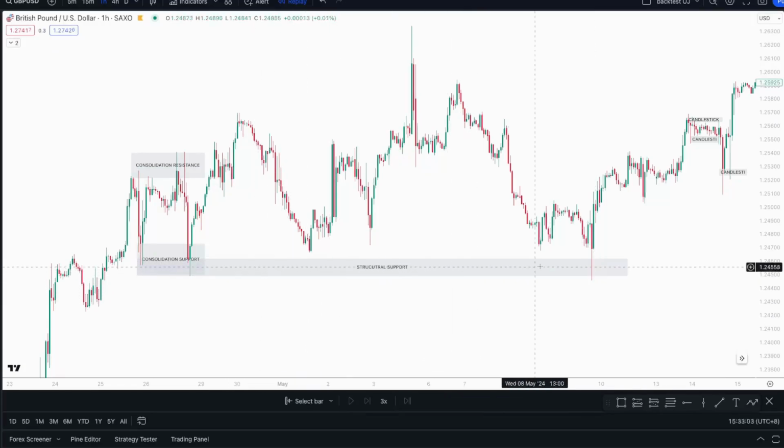So this would be a very good structural support area, where price, after making all these structures above it, comes back down and then moves up again. This is why when I see this, I would be looking for buy opportunities around this area.